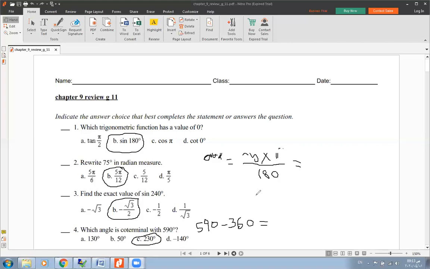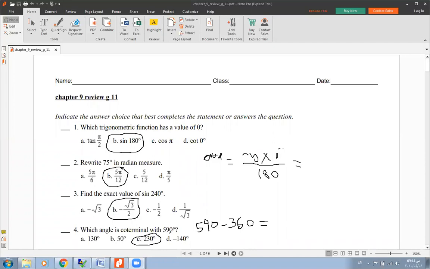Pay attention. The coterminal angle means the angle which is equivalent to 590. 590 is a complete rotation plus something. We take a complete rotation from this angle, and the remainder is the measure of the equivalent angle.